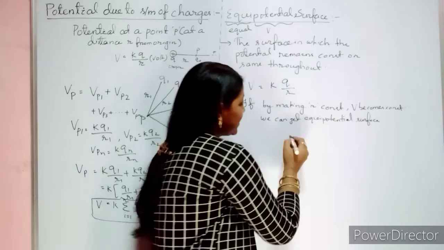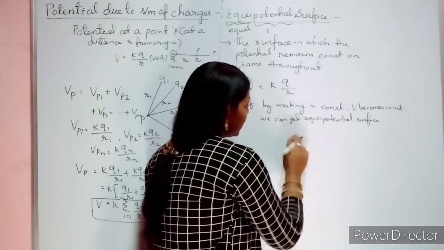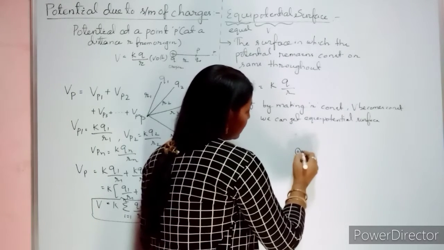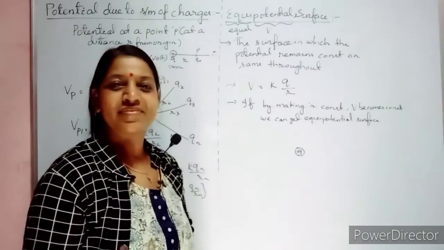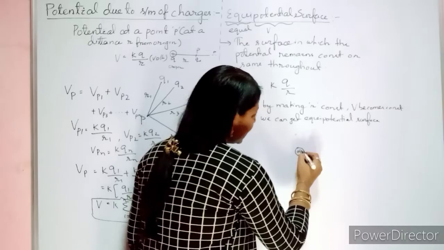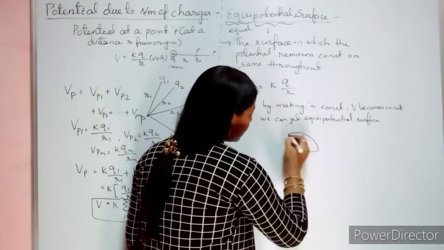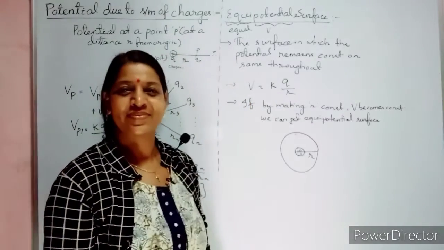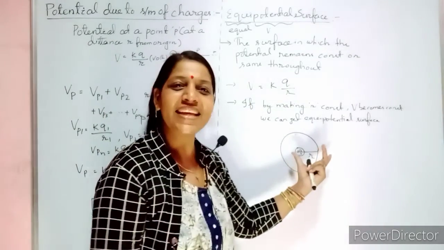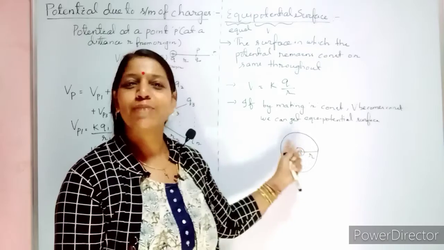Clear? So imagine there is a charge plus Q here. Now at a distance R, imagine this is the distance. You make a circle. This is nothing but like a sphere. So what are you able to observe?